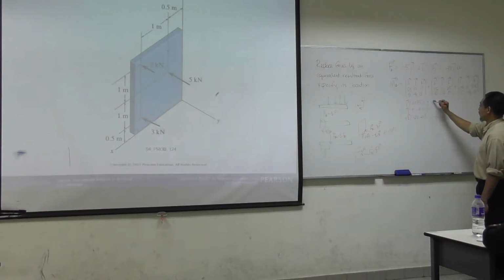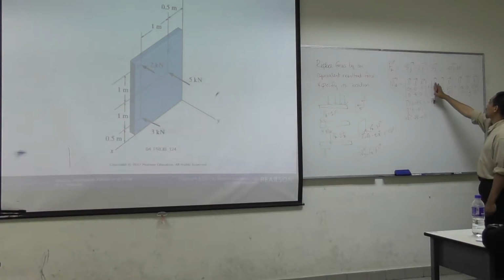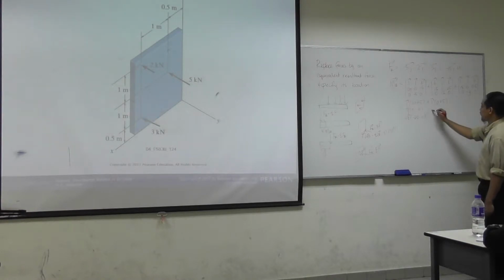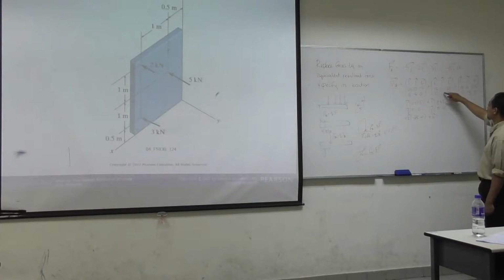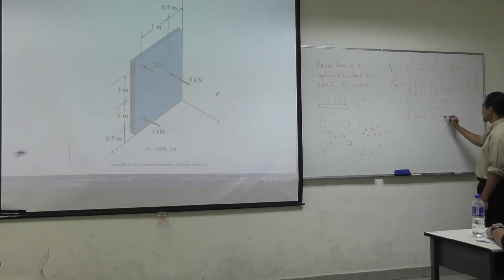For this one, plus I, 0 plus 5 minus J, 0 and 0 plus K, minus 3 minus 0.